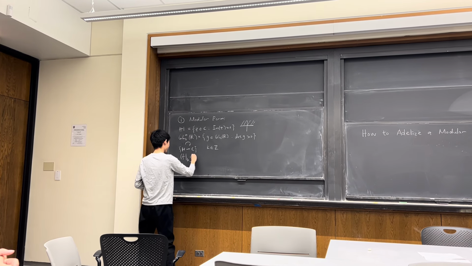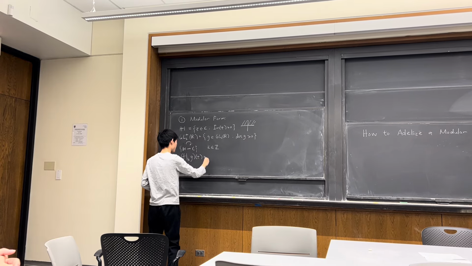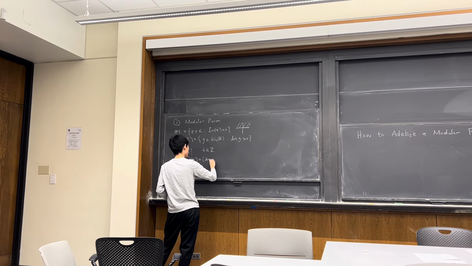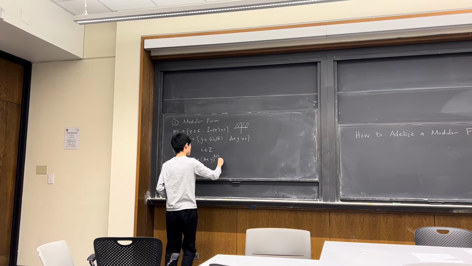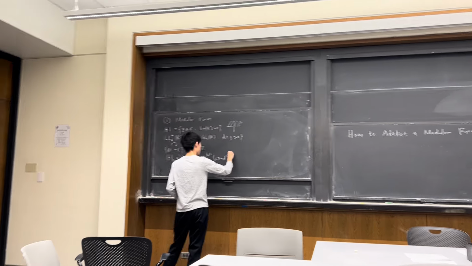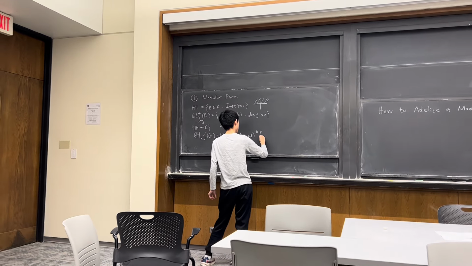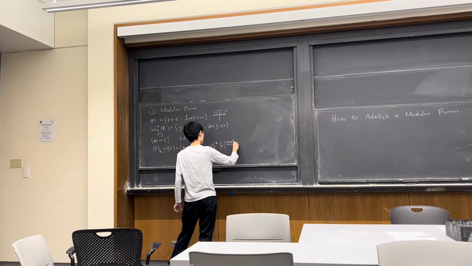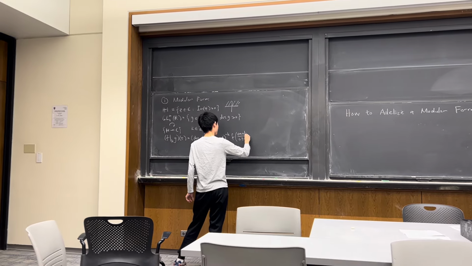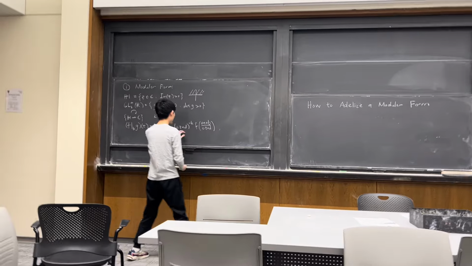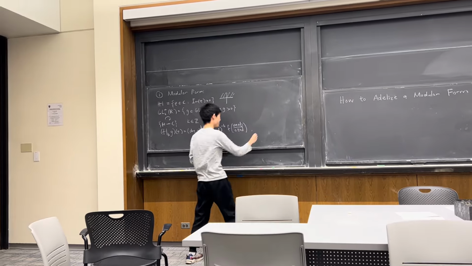I'm going to define it like this. Here, a, b, c, d are just the entries of g.